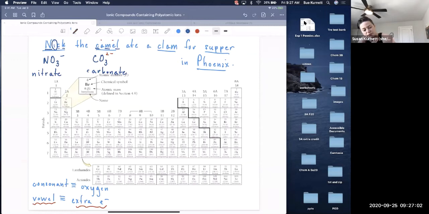Clam stands for chlorate. Chlorate is chlorine plus some oxygens. How many oxygens? 3. How many extra electrons? 1.